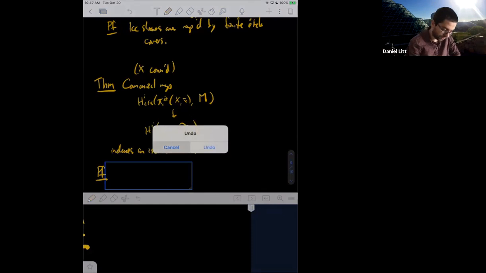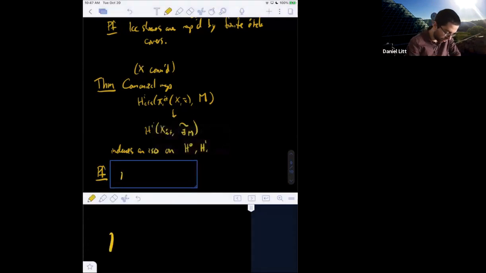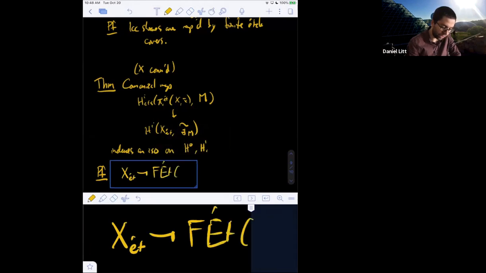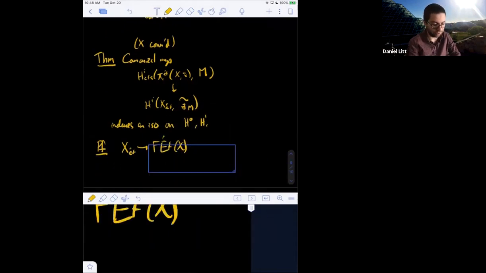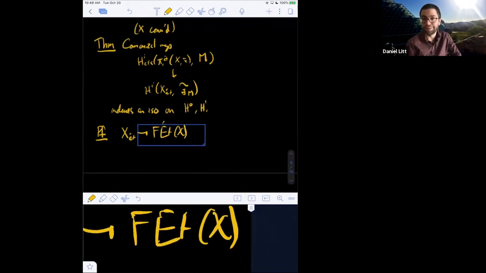All right. So this comes from a morphism of sites from X étale to the site finite étale of X, where here covers are just covers. So what is this morphism of sites?